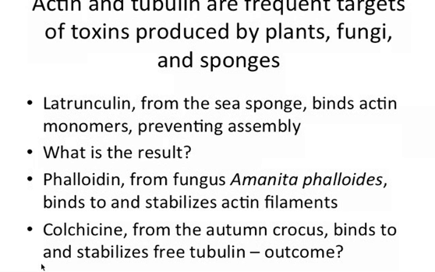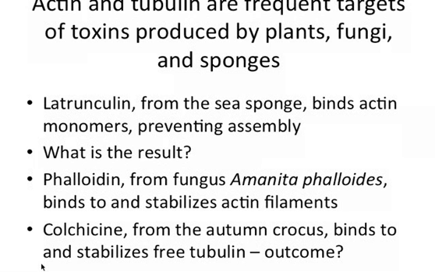Okay. Phalloidin, which is actually used in the lab to stain actin. So sometimes when you see immunofluorescence pictures and it's red, they'll actually color the phalloidin red, and then when you add it to your cells, it'll bind to actin because it binds and stabilizes actin filaments.